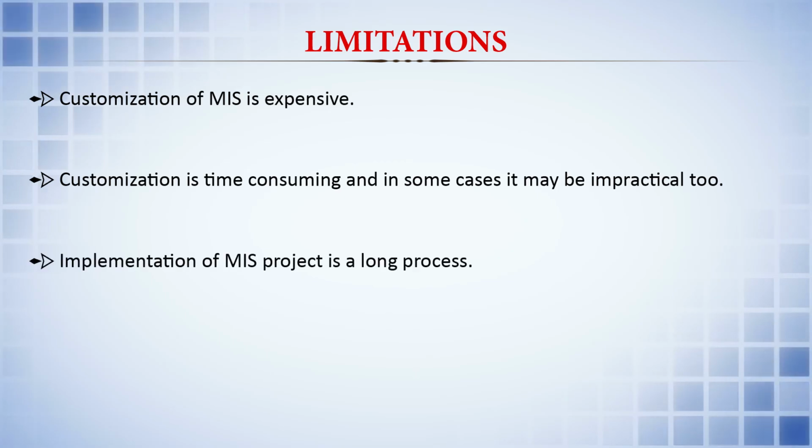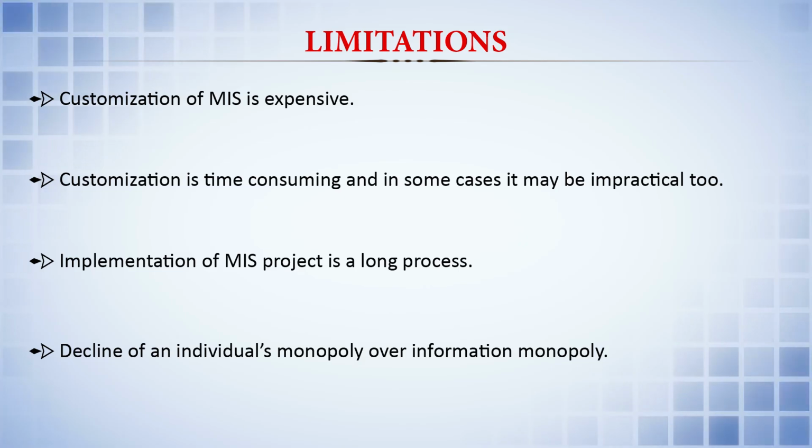The implementation of an MIS project is a long process in which many individuals need to participate. Then there is the decline of individuals' monopoly over information. After introducing the MIS in any company, the information flow will be there.